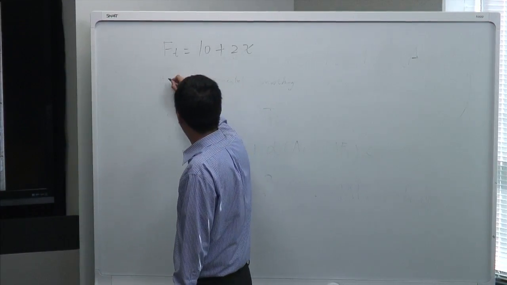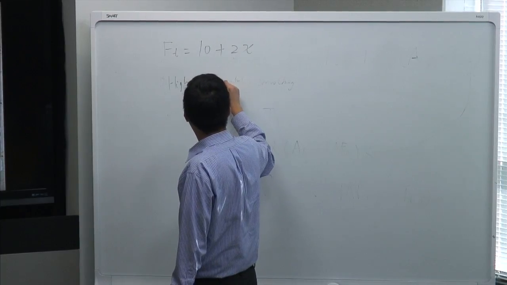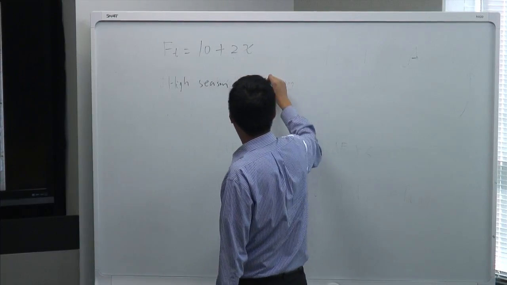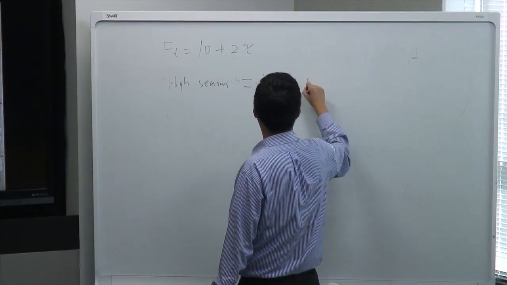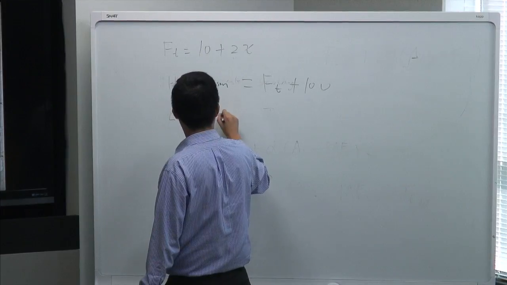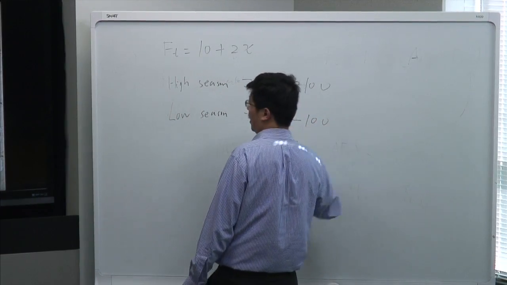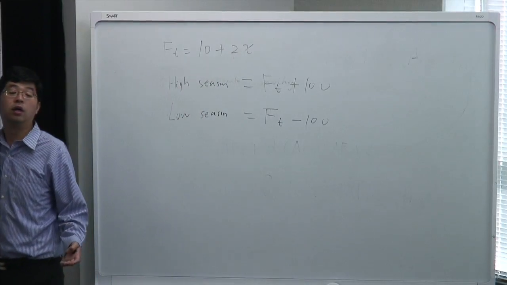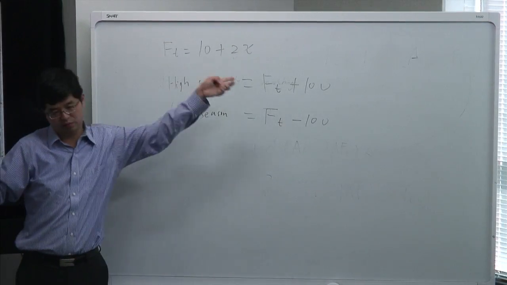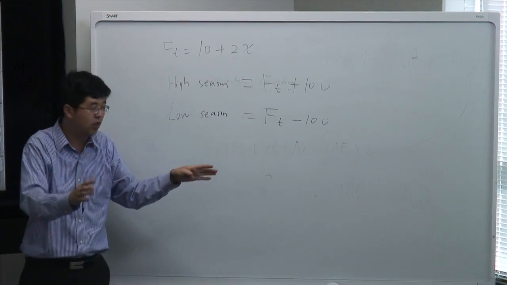For the low season, we use f_t minus 100. That is the additive model. You capture the linear trend, but if t is summertime, we add 100, and in wintertime, we subtract 100.